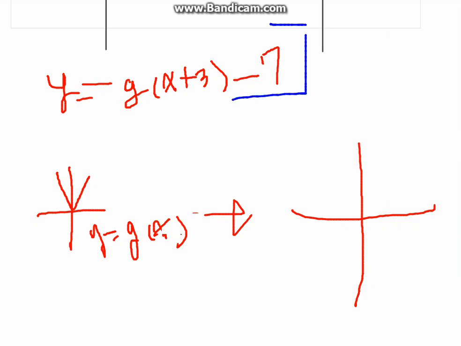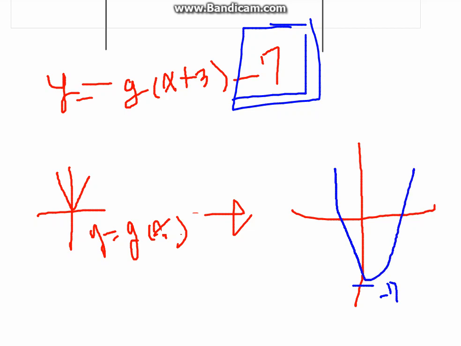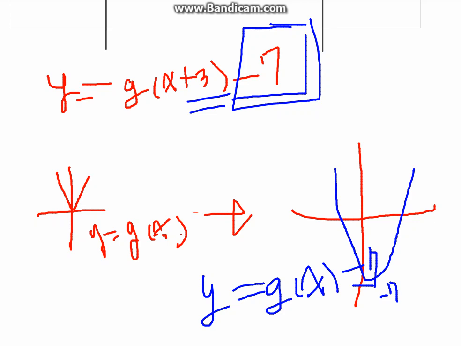It's minus 7, right? We said that if it's a vertical shift, negative is going to go down and positive is going to go up. So let's say this is minus 7. This would basically be y equals g(x) minus 7. So we still have to do the g(x plus 3) inside the parentheses part, right?